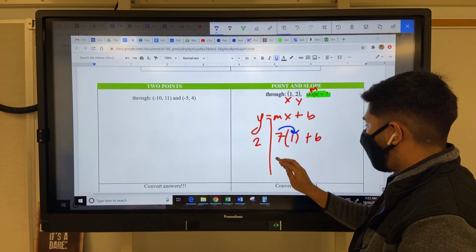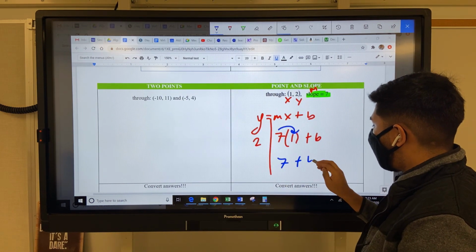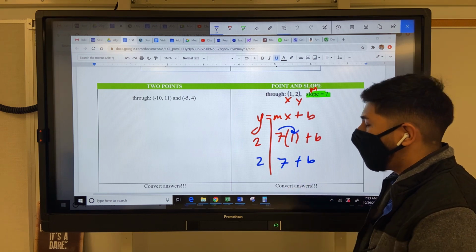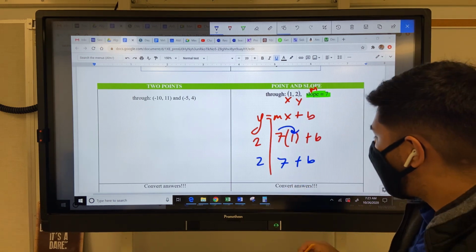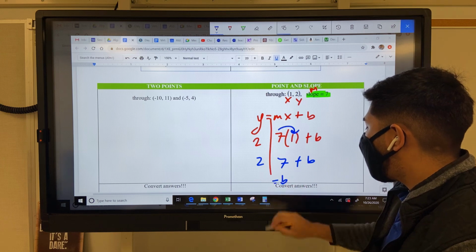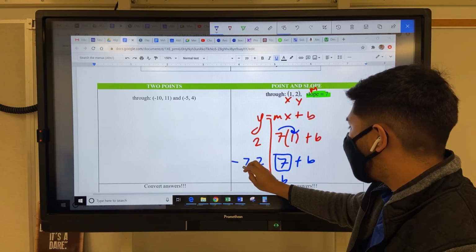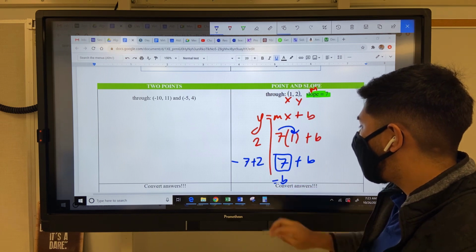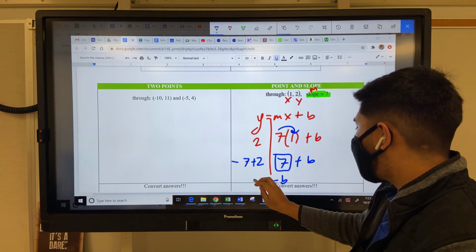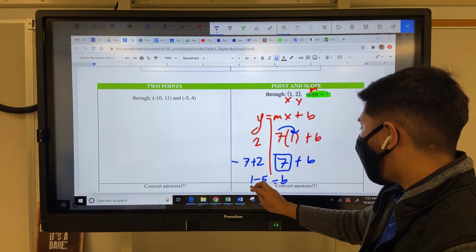7 times 1, 7 plus b, 2. 7 doesn't belong over here because I needed to say b equals. Moving that 7 over turns into a negative 7 plus 2. Negative 7 plus 2 is negative 5.